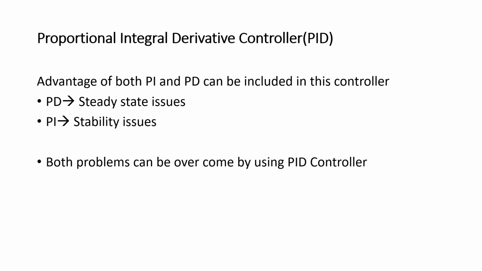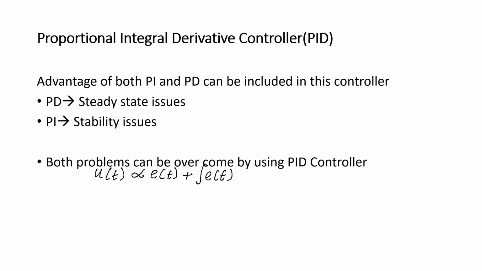Okay, so here the PID controller can be defined as the combination of the proportional controller, the integral and the derivative controller. So let us see this by writing the equation. Now here u of t represents the PID controller, which is directly proportional to the error signal and the integral of the error signal.